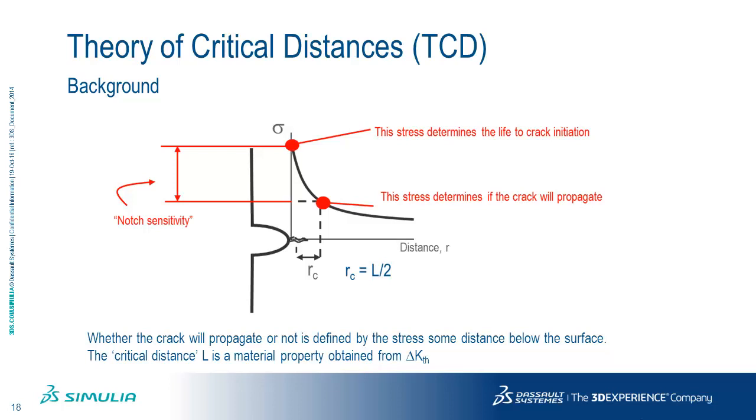So this is another infinite life method. It's used if you can tolerate small cracks that you know are not going to grow. So several companies dealing with powertrain and engine like this method because they can accept those small non-propagating cracks.